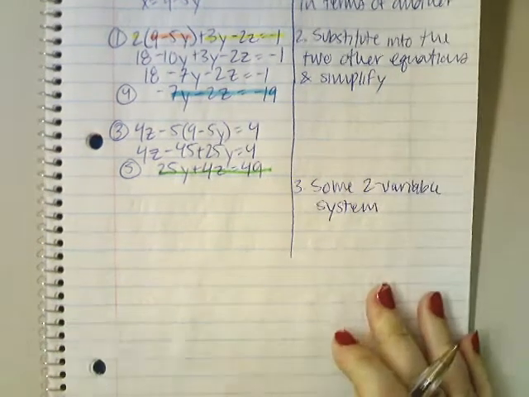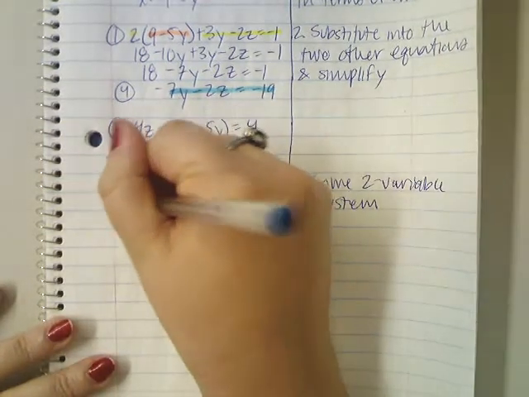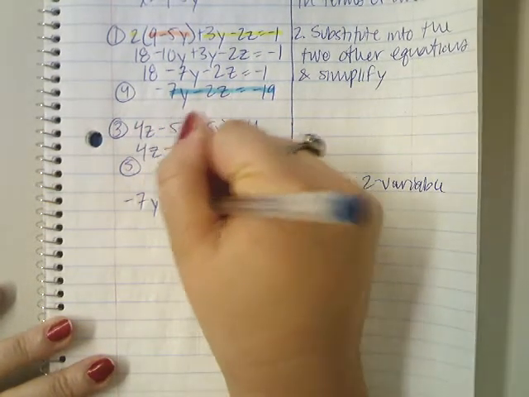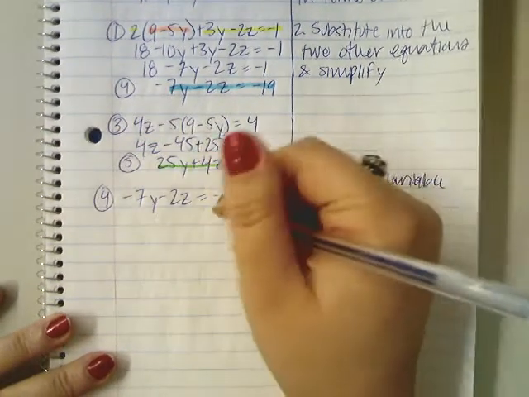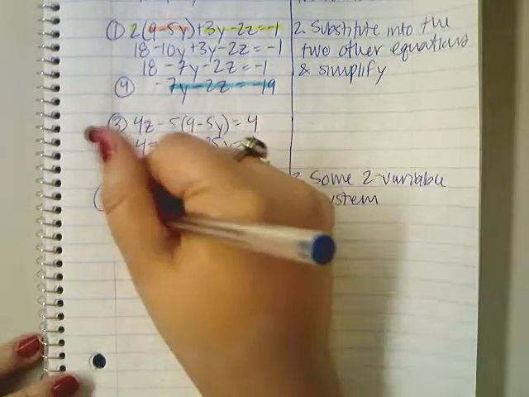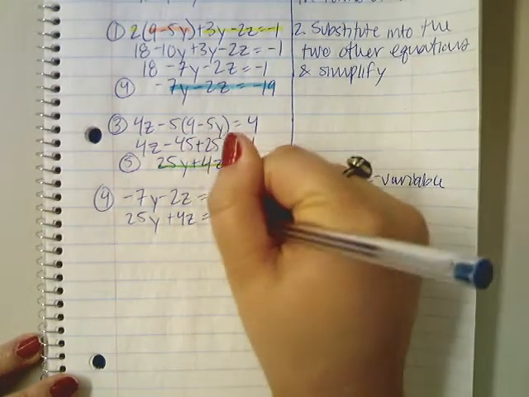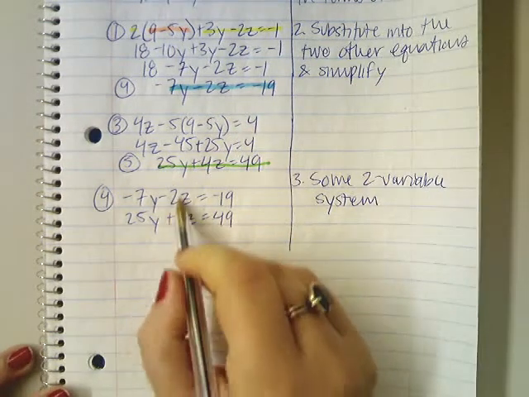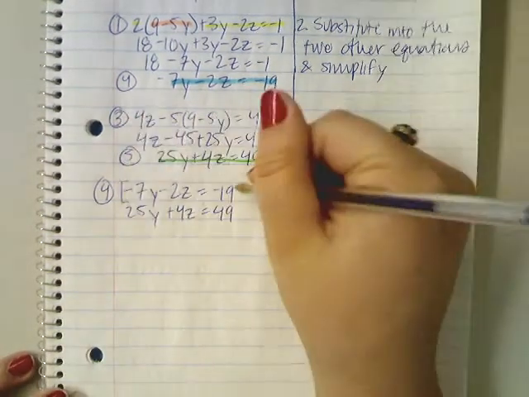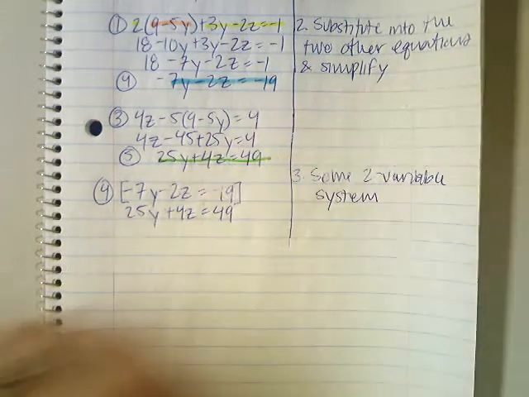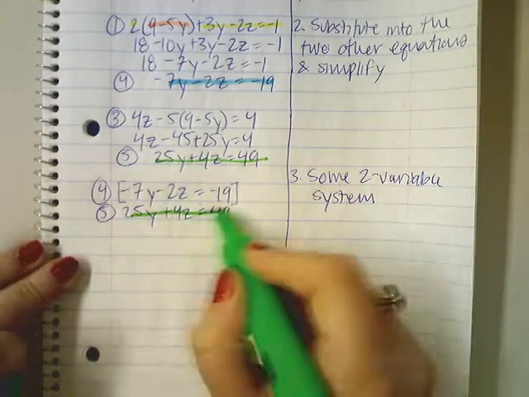So to do that, I'm going to rewrite my equations. I have negative 7y minus 2z equals negative 19. This is equation 4. And then I have 25y plus 4z equals 49. I can see here the 2z and the 4z, if I multiply this by 2, those will cancel out. So, sorry, getting ahead of myself.